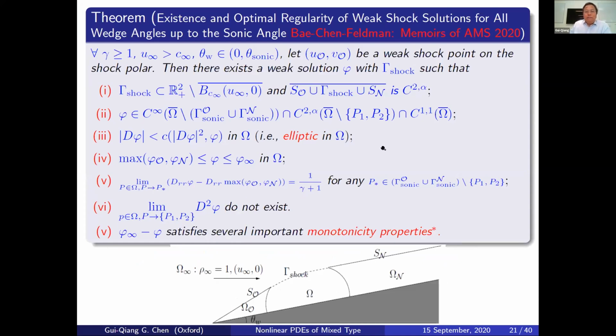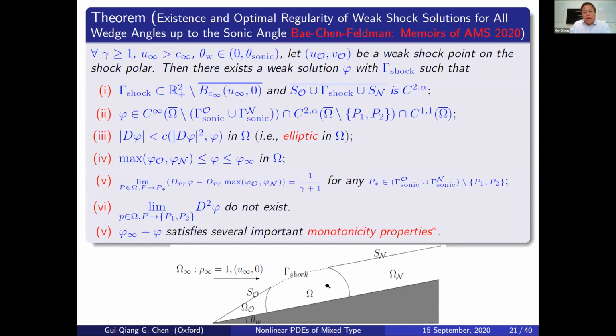The answer is yes. For wedge angle less than the sonic angle, we can prove that such a configuration exists globally. The shock matches those two points with the other shock, not only in slope and curvature, but even C2,alpha. Inside, we can prove it is elliptic.